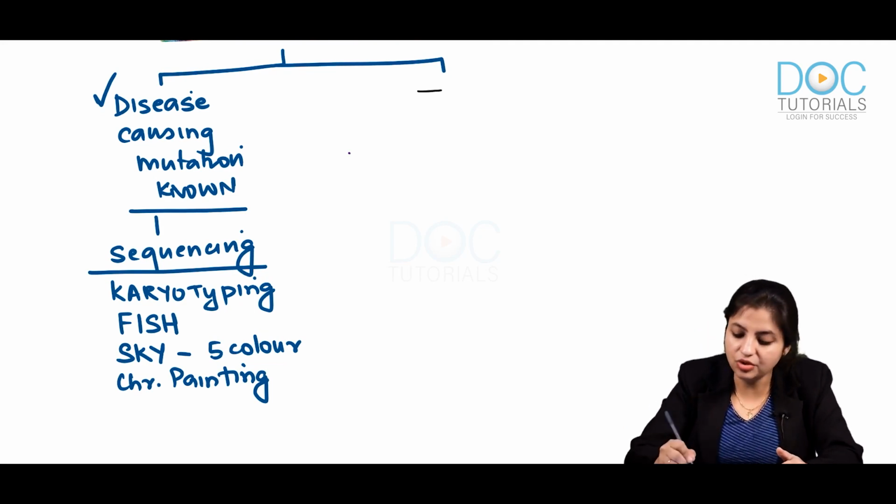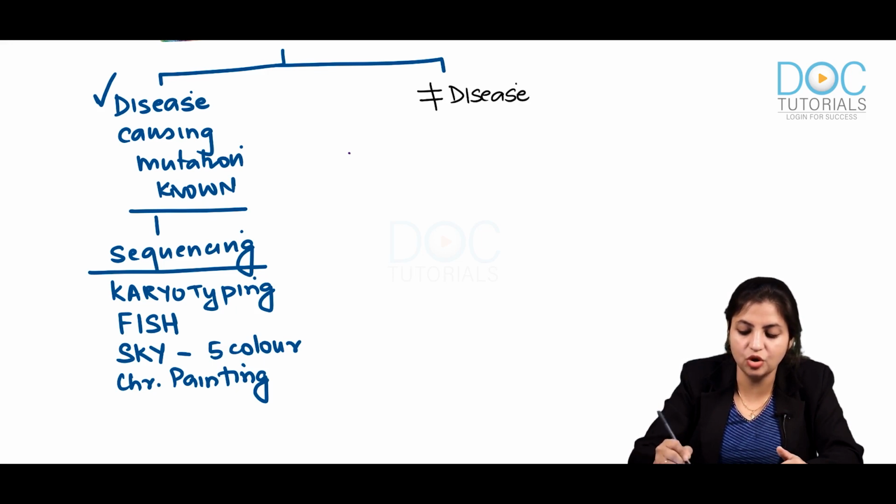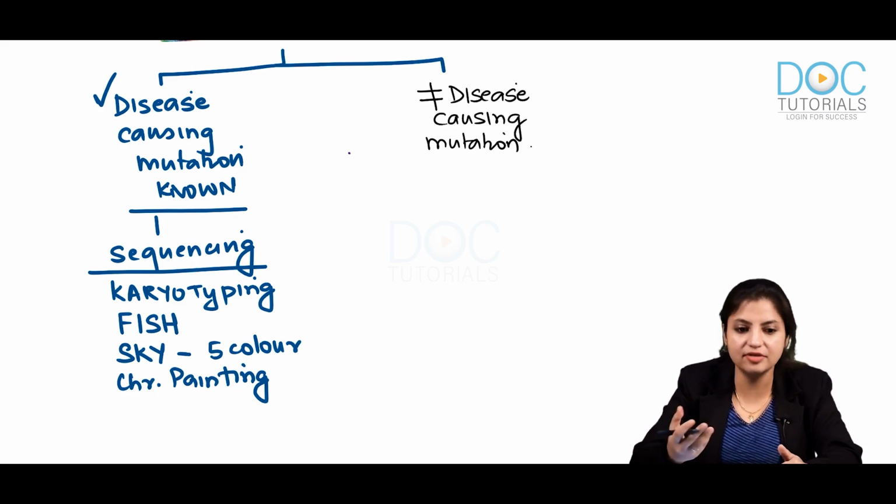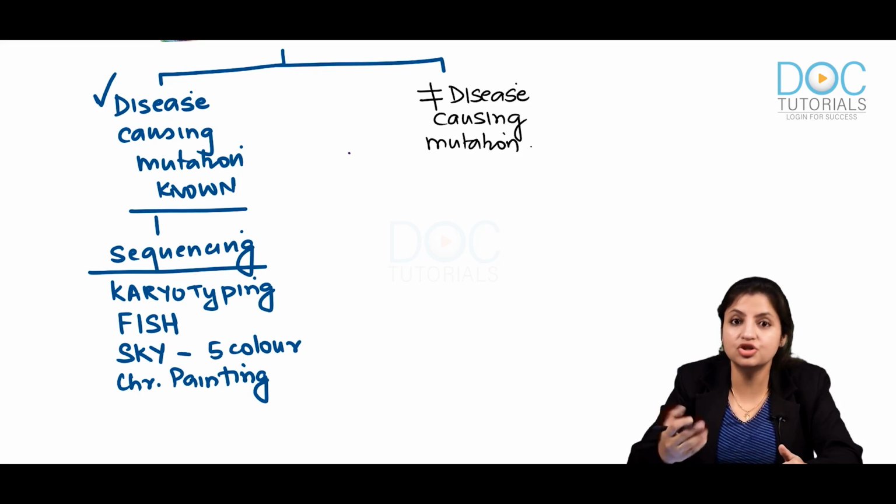Now, the second spectrum is when you do not know the disease causing mutation. What do you mean by that? See, in multifactorial disorders like diabetes, cleft palate, cleft lip, hypertension, pyloric stenosis, schizophrenia, you don't know the exact genes which cause it.